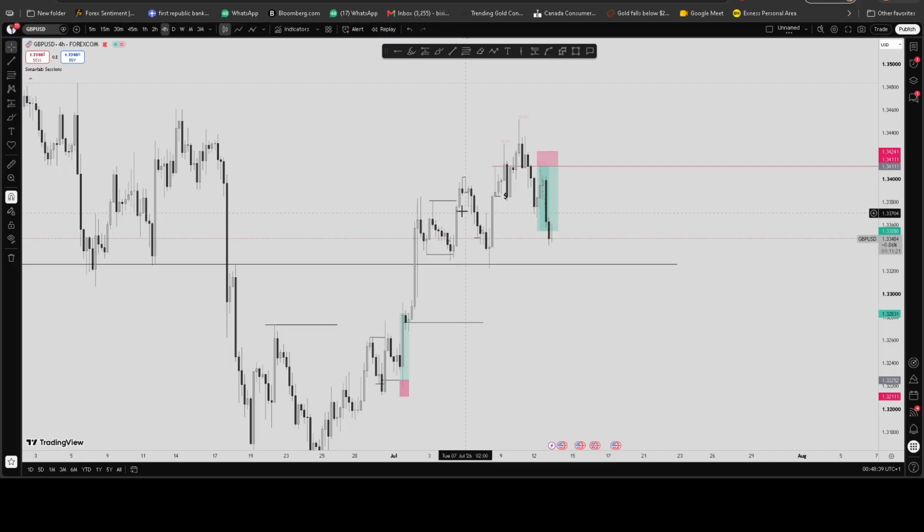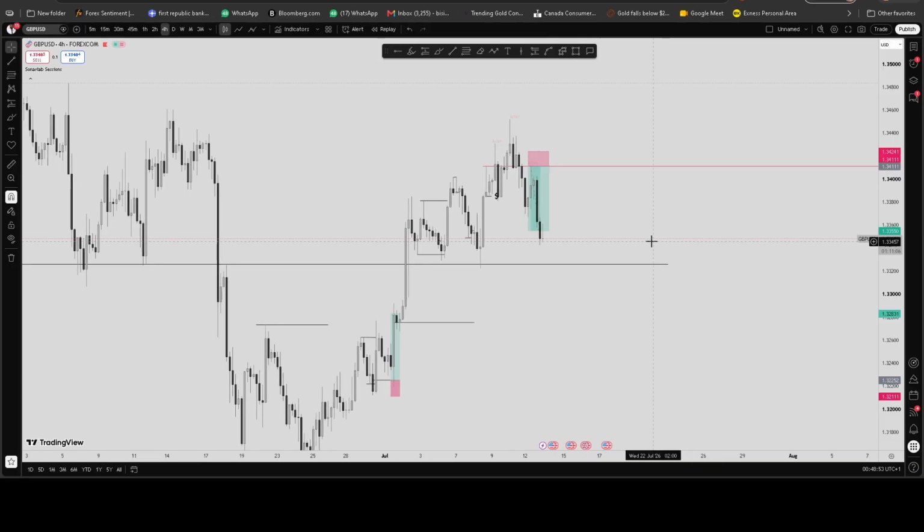Maybe we pick a key level right here and price might come to the one down here, and maybe when you pick the one at the top, price might not come to that extreme and use maybe the points of interest below. And this is what I do to make life easy for me.